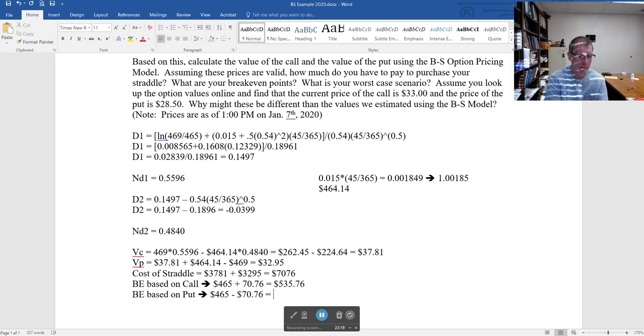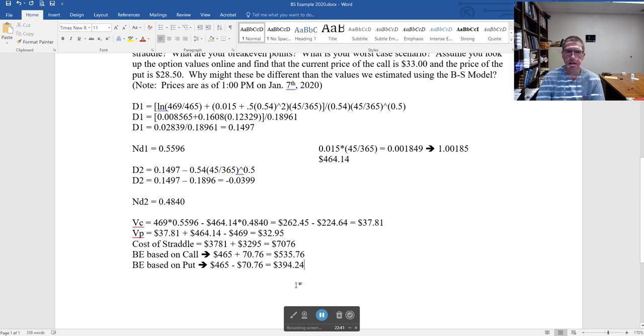And that gives us $394.24. So our break-even points are $535.76 and up, or $394.24 and below. In between those price points, we're going to lose money. Once we get beyond those price points, we're going to make money on this.